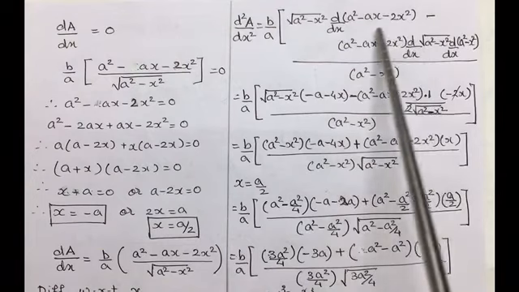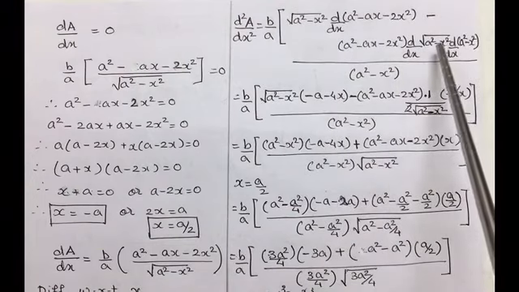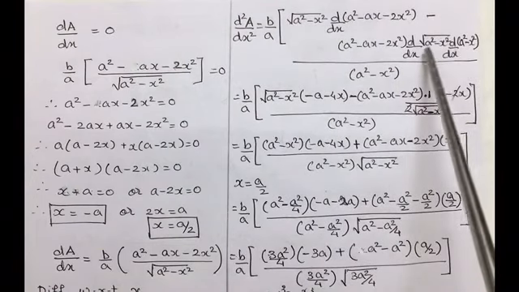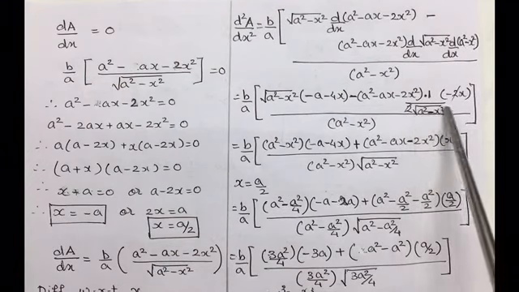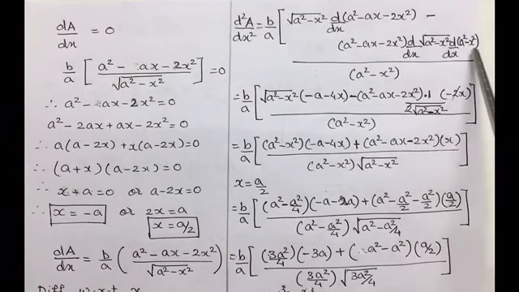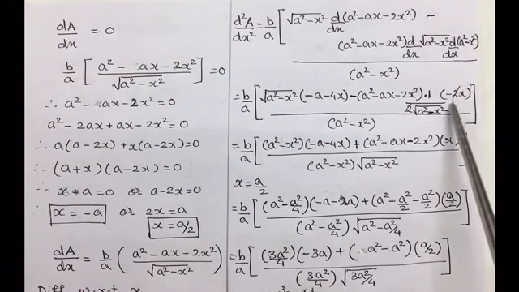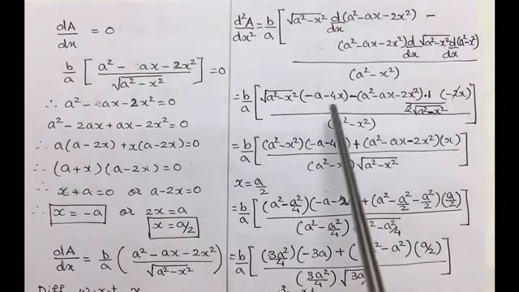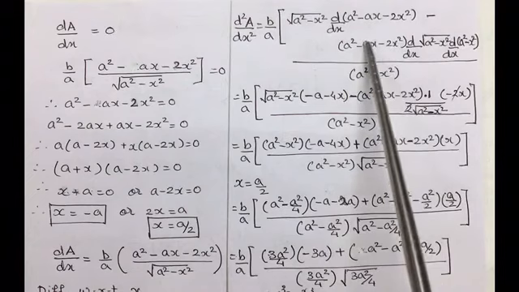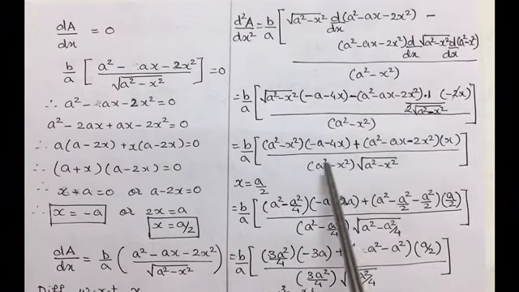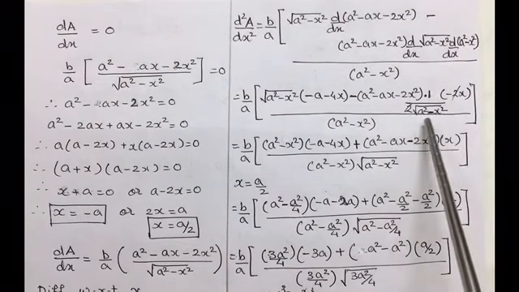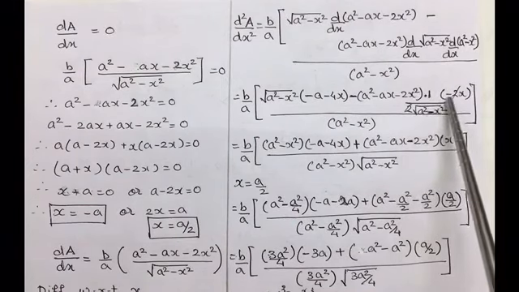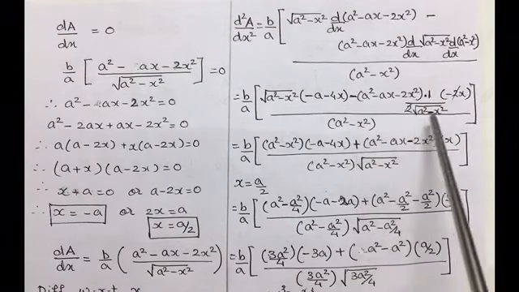Now differentiating each and every term, differentiation of root of a square minus x square will make it 1 upon 2 root of a square minus x square, and the derivative of x square will be minus 2x. So very carefully differentiate each and every term. Cancellation takes place of 2 and 2. Minus minus makes it plus.